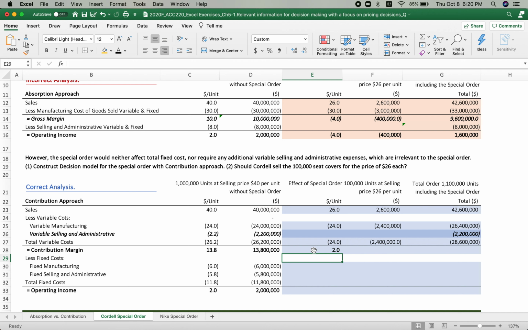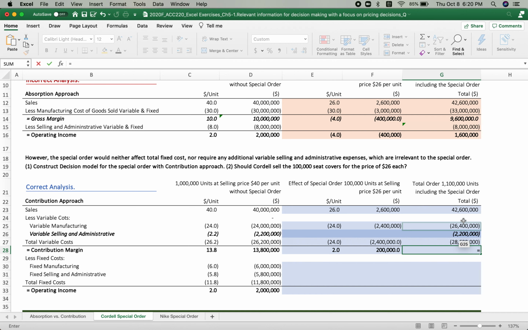As long as this special order still creates a contribution margin, we can accept this order, even though $26 is a very low selling price compared to the existing $40 selling price. We can still accept if we have idle capacity. Definitely we can accept this order.